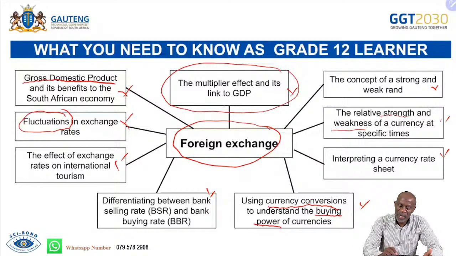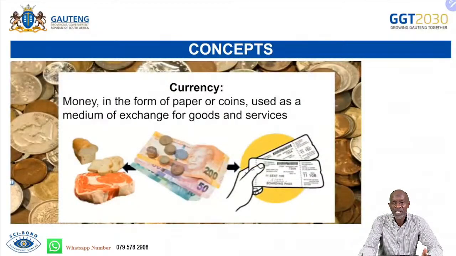So we'll try the best we can to explain the concept of the multiplier effect, and we're going to try the best we can to link it to the gross domestic product, that is your GDP. I hope you are following, grade 12 learners. Now, let us look at the concepts that form our topic, foreign currency.